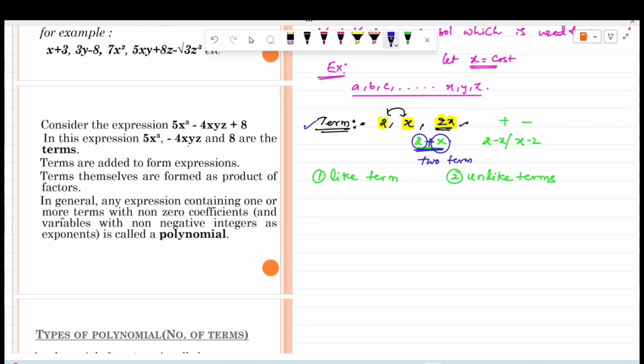Terms we are clear about, and like terms means the variable is the same with the same exponent, with different coefficients. Let us take x is a term and 2x is also a term. Now variable-wise and exponent-wise both are the same. So these both are called like terms. Same symbol with the same exponent.